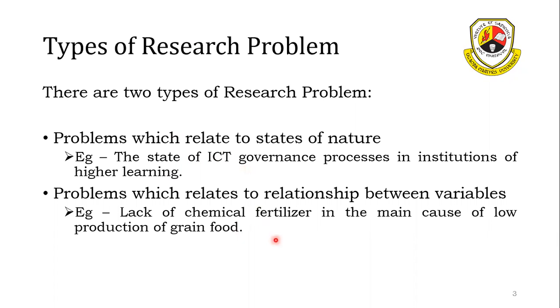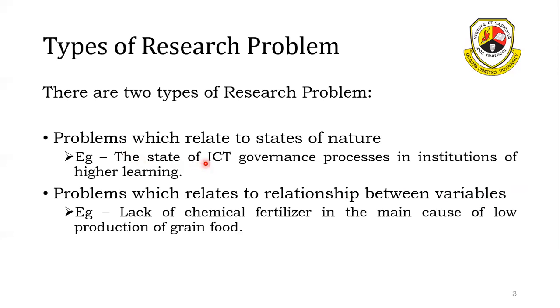Then there are others which are basically talking about relationships between variables. Now, from our discussions so far, especially with research design, you can already tell which one leans towards qualitative and which one leans towards quantitative. Whenever we have a research problem which is talking about variables, that research is leaning towards quantitative research.